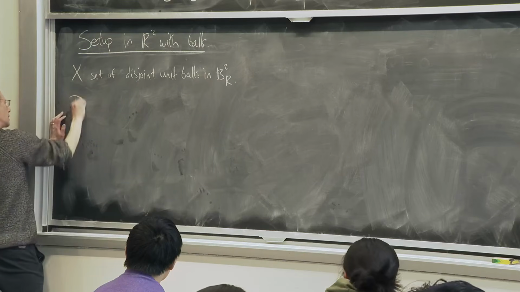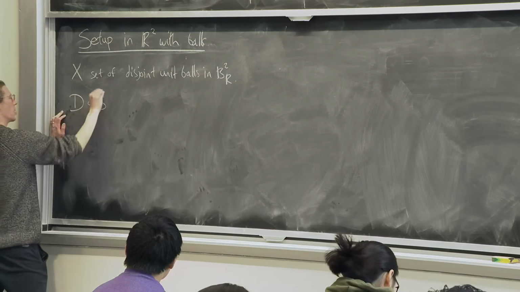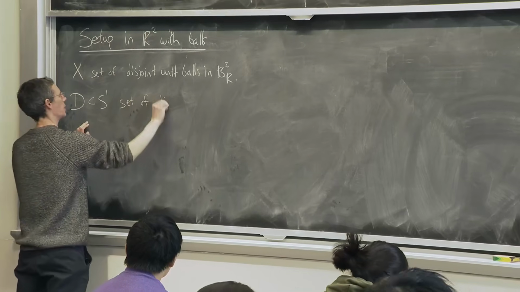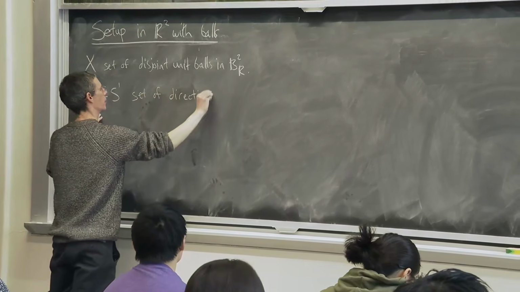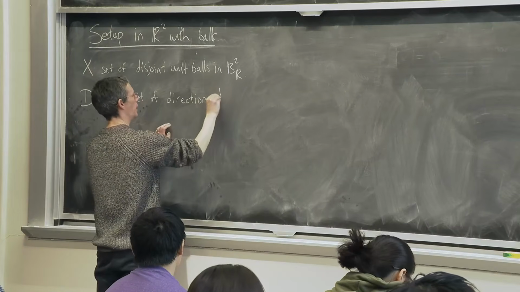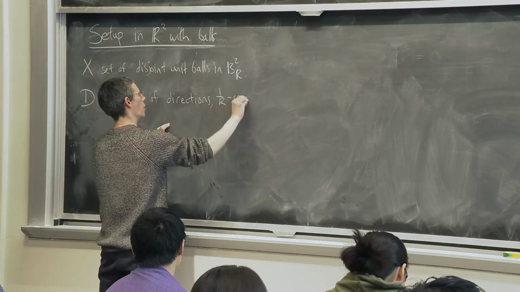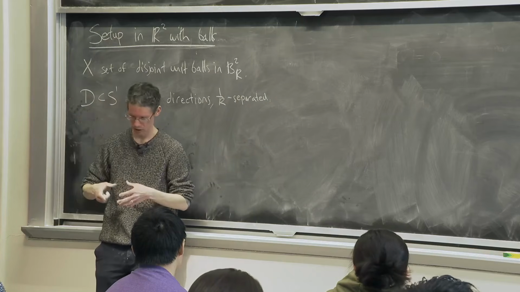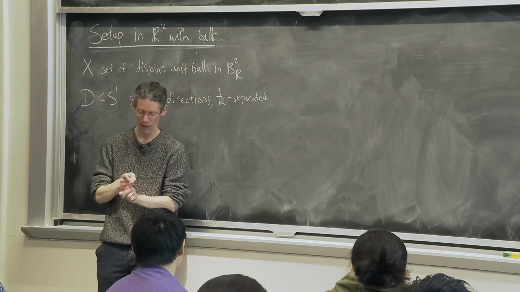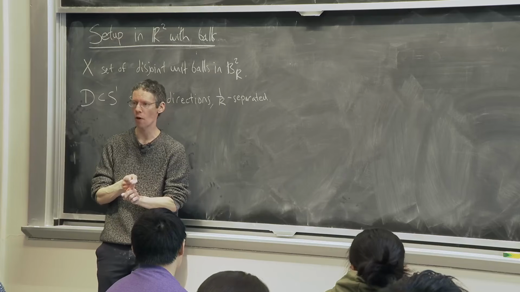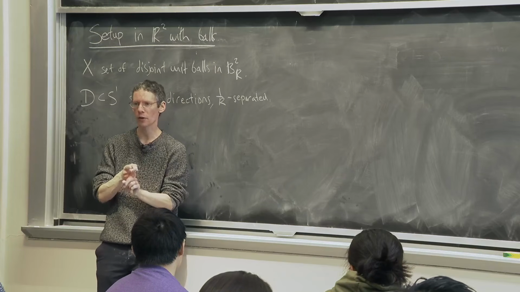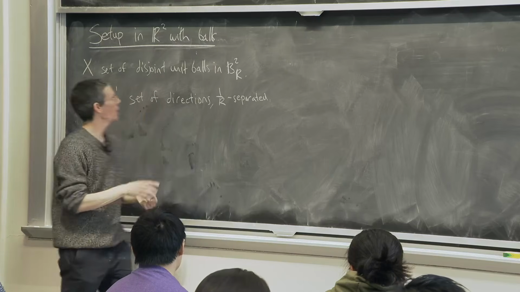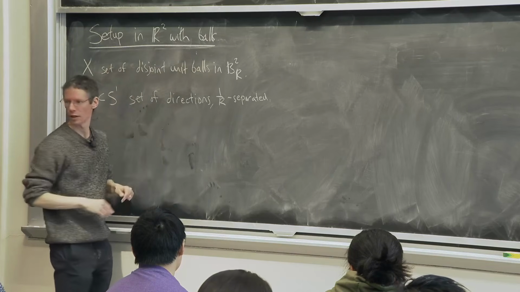And then D, our set of directions, I'll think of it as a subset of S1. So this is a set of directions that we'll do projections in. And they will also be disjoint. And what I'm going to put here is that they're 1 over R separated. So you can think of D as a set of angles. And any two angles are at least 1 over R apart from each other. The reason for that is if they were closer together than that, the two projections would basically be the same in terms of what they do to a set of unit balls in a ball of radius R.